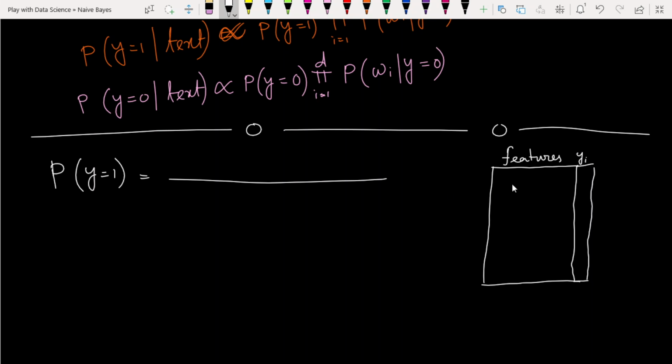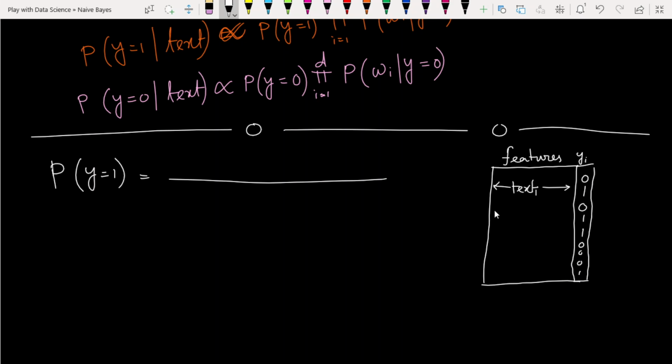Here we have text i, and the values are 0 or 1, positive or negative reviews. So this is our data set, positive, negative, positive, negative, negative, negative, positive, like that.